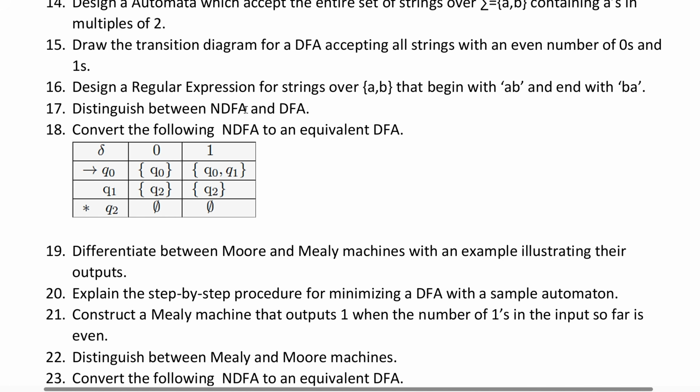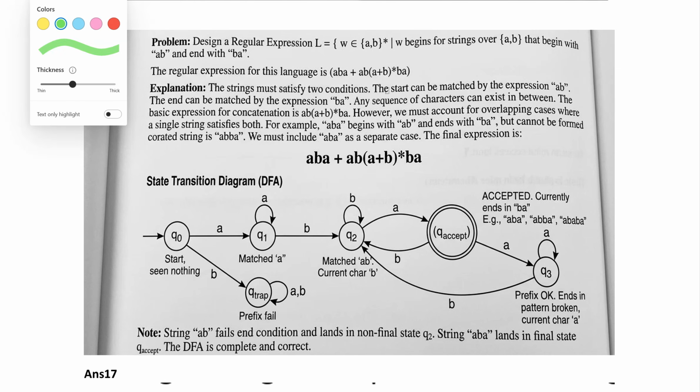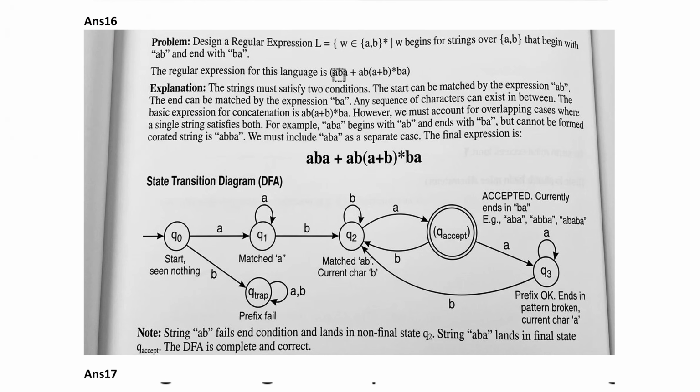But in this question, we have been asked to design a regular expression, not the DFA. After drawing the DFA, the regular expression will be this. This is the required regular expression for the given problem. You can derive it from the transition diagram itself.